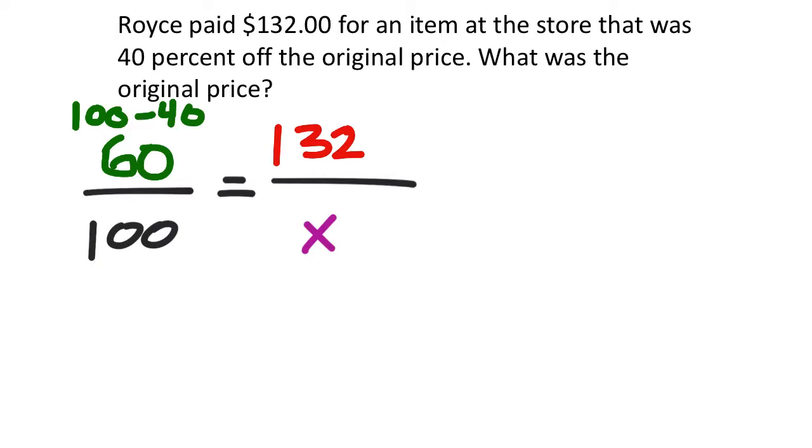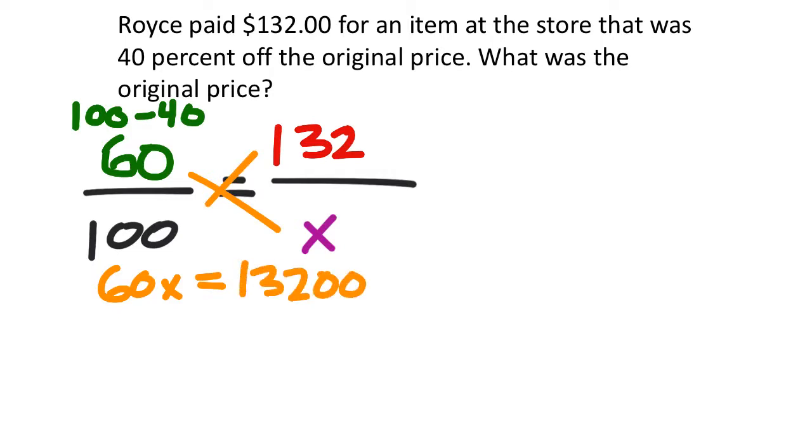Now that this is set up where 132 is 60% of the original price, we're ready to solve this proportion. So cross multiplication, 60 times x, 100 times 132, 13,200, and just divide by the coefficient of x, 60, to make that 1x.